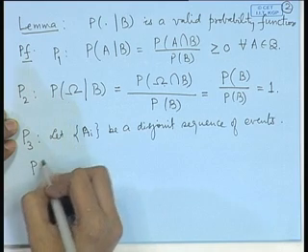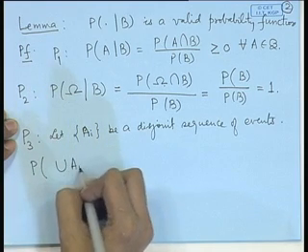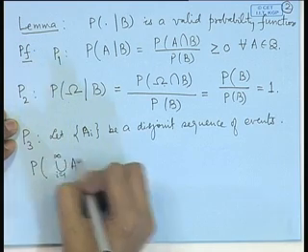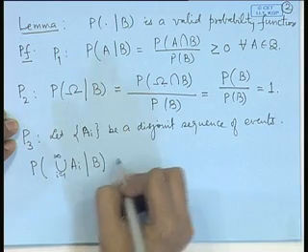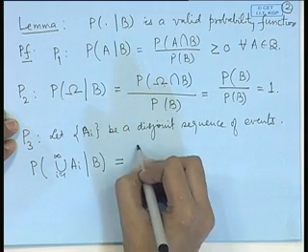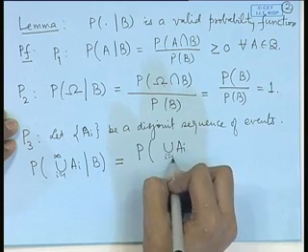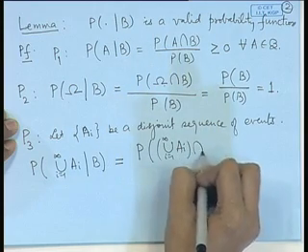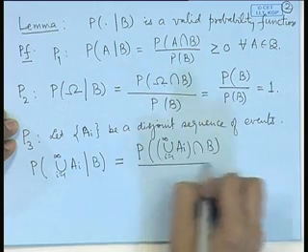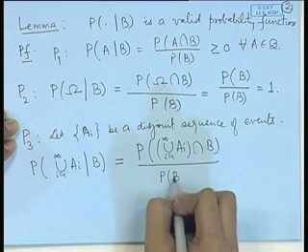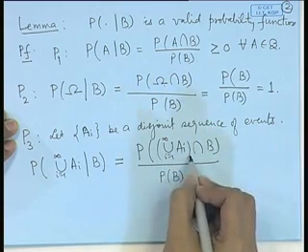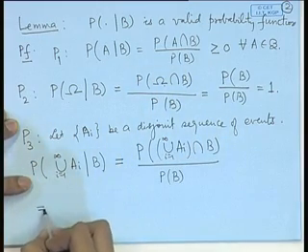Let us consider the probability of union A_i given B. By the definition of conditional probability, this will be equal to probability of union A_i intersection B divided by probability of B. Now, in the numerator I can apply the distributive property of unions and intersections.